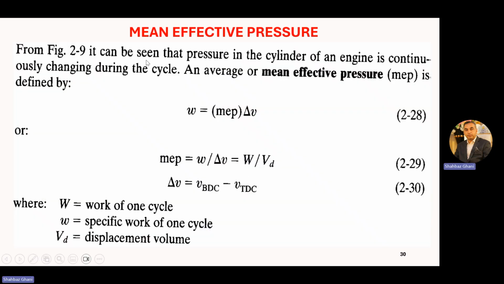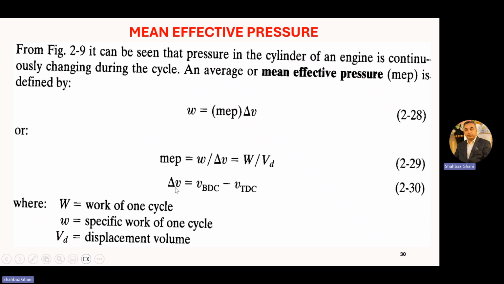It can be seen that the pressure in the cylinder of an engine is continuously changing during the cycle. An average or mean effective pressure is defined by the specific work done. So mean effective pressure is the specific work done divided by delta specific volume, that is, the work done divided by the displacement volume.